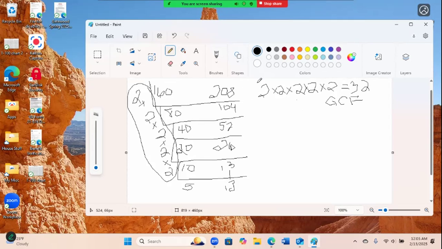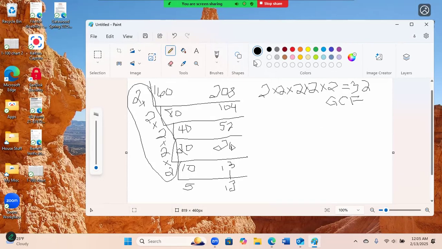So now you're going to take this greatest common factor and plug it into our equation for least common multiple. To find that, you're going to have the product of the original numbers, which I'll circle in red, are 160 and 208.